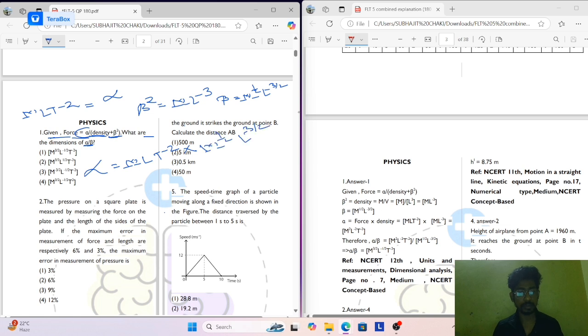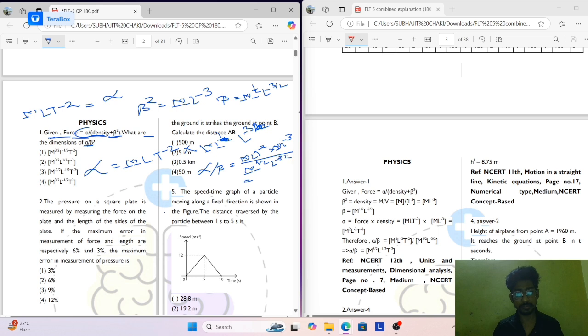So if you calculate alpha by beta, what will you get? Not this, it will be ML^-3, sorry, ML^-3. So alpha equals force into density, right? Okay, so alpha by beta will be MLT^-2 into ML^-3, and beta will be M^1/2 L^-3/2.